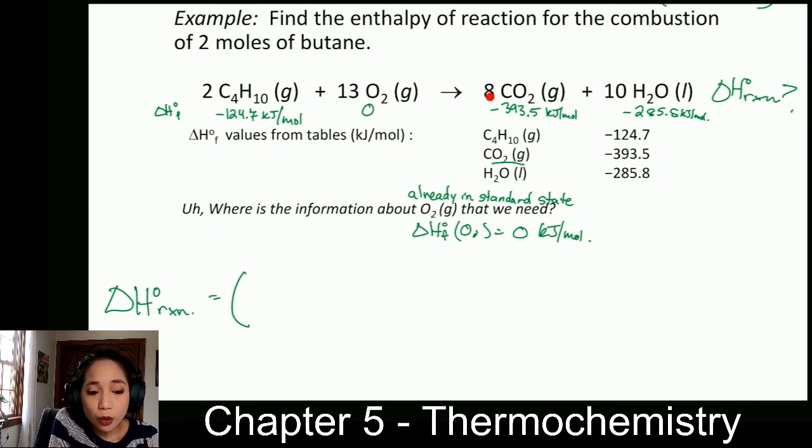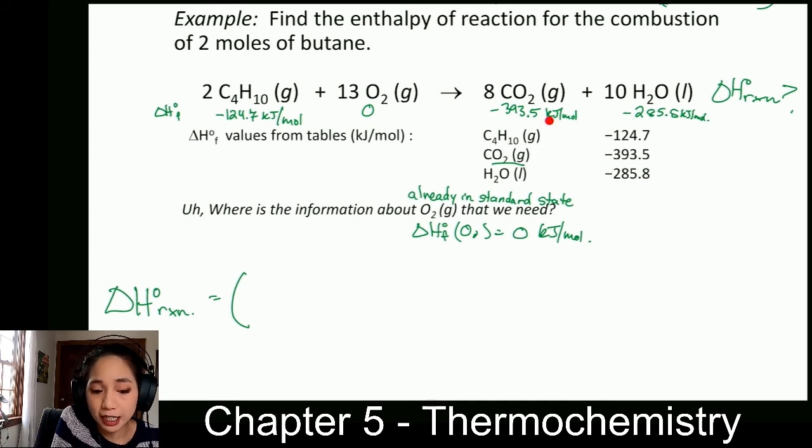So that coefficient matters because it's the sum of all of the formations. So since there's 8 CO2 molecules, or 8 moles of CO2, we have to take into account 8 iterations of that delta H of formation value because it's in kilojoules per mole of CO2. But there isn't just 1 mole of CO2, there's actually 8 moles of CO2.